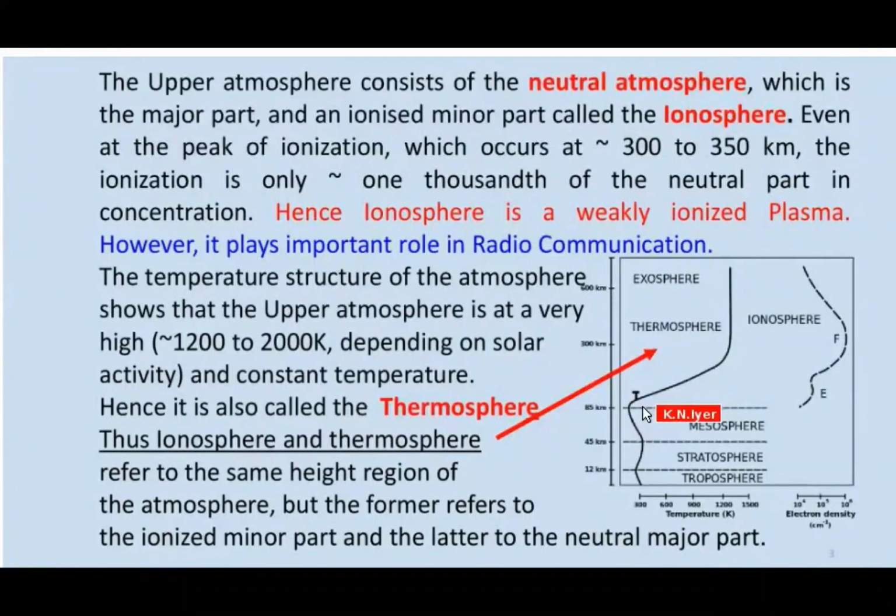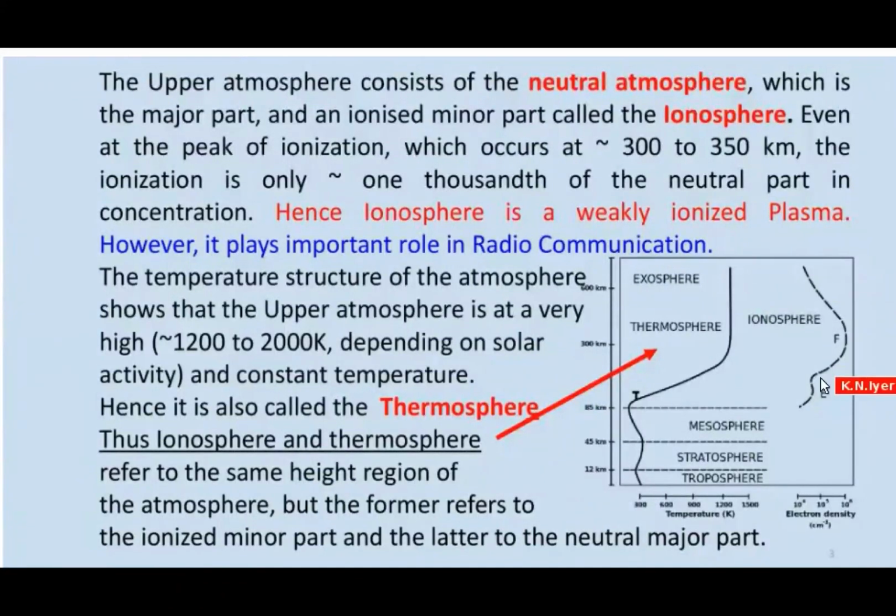Now, as you can see from the inset diagram here, the height region above about 85 kilometers is marked as the thermosphere, and the dashed graph shows how the electron density, or the concentration of electrons in this region, varies with respect to height.